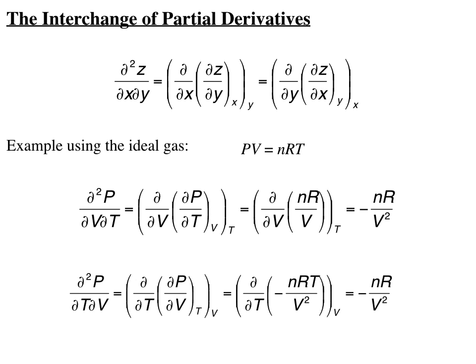So let's again take our ideal gas formula and notice that if we solve that for P, which is nRT over V, and now I take the derivative of P with respect to V or T, it doesn't matter which order I do those derivatives in because I get the same function. Now this might seem trivial, but later on we'll see the utility of this idea of interchanging our partial derivatives.